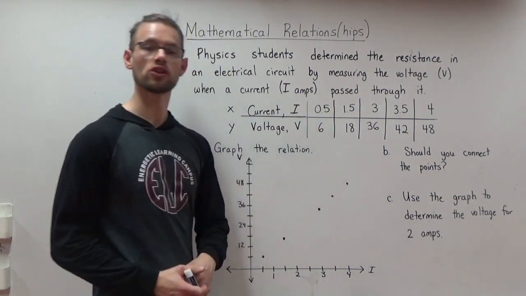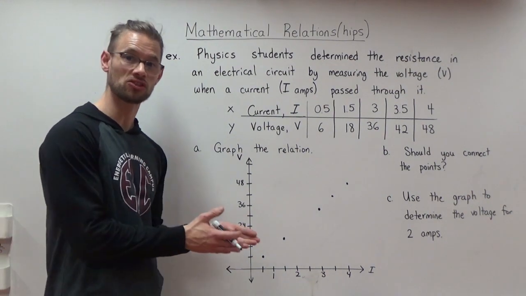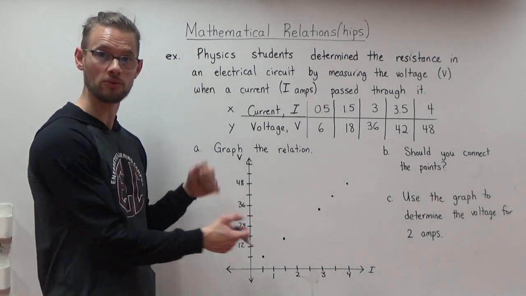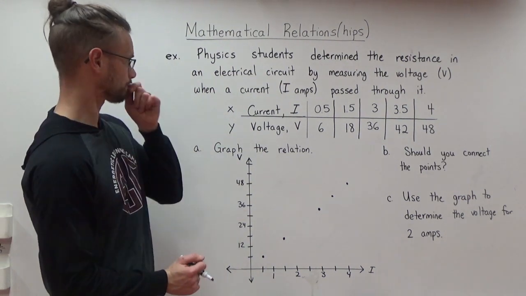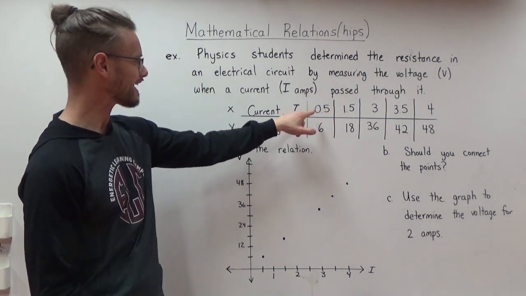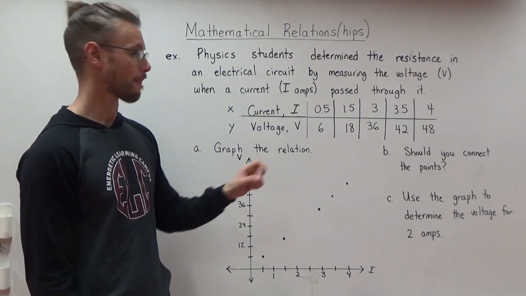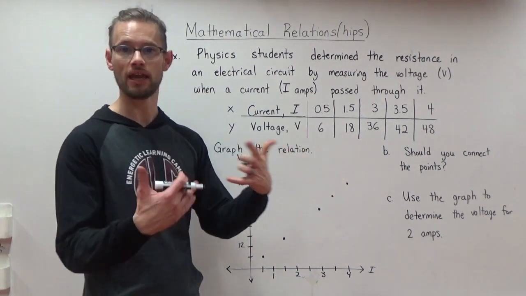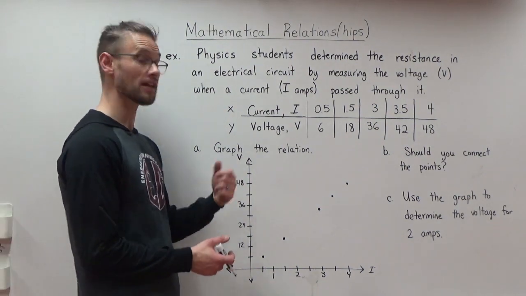The next question is, should you connect these with a point? In other words, is this a discrete relation or discrete variables, or are these continuous variables? Well, the question you'd want to ask yourself is, could I put any amount of current through a circuit, and would that produce a corresponding amount of voltage? And the answer is yes.